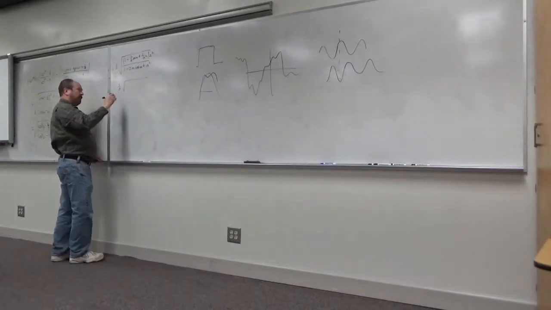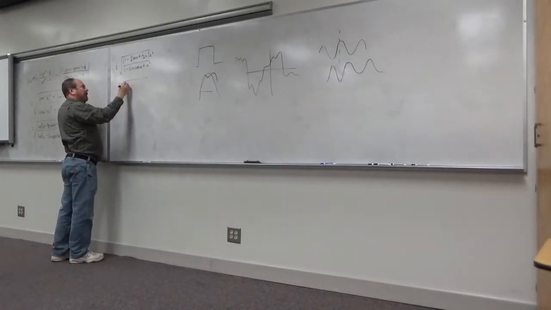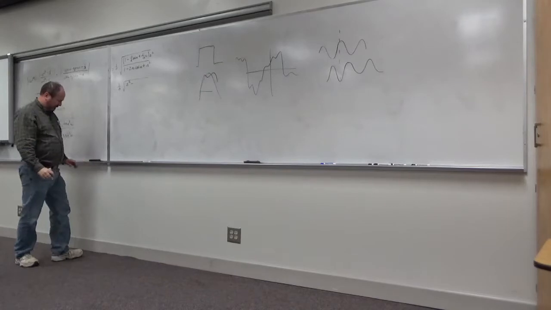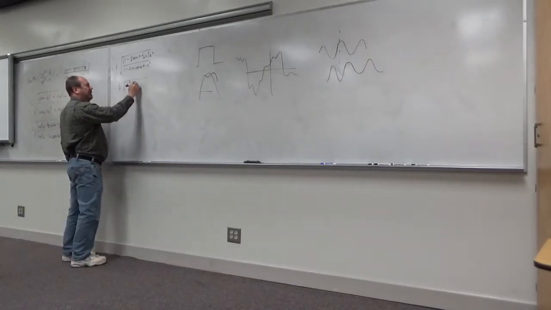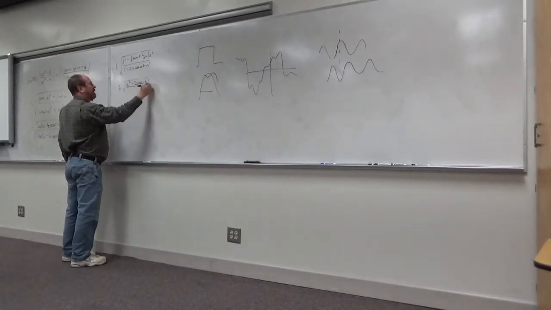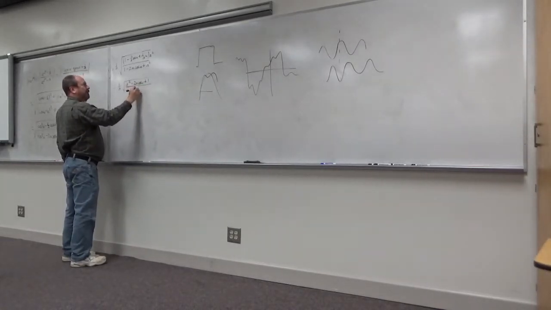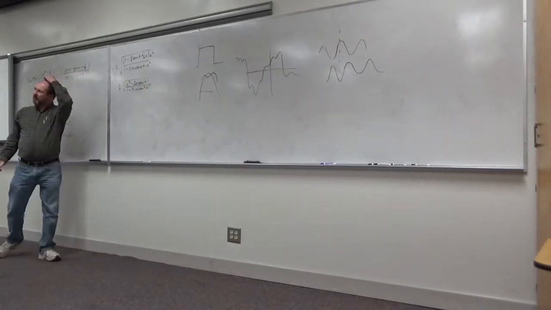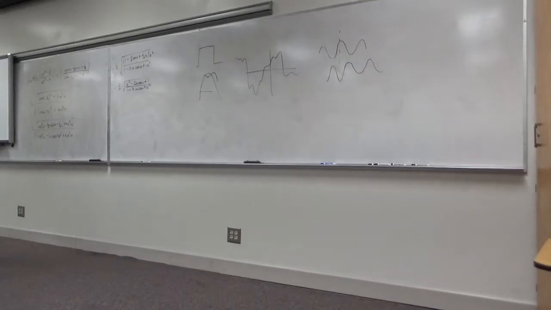Tell me what the numerator is. I'll get you started. a squared, 2a cosine. Last term? 1. Denominator, 1 minus 2a cosine omega plus a squared. Okay, how do you like that? Do you like that? Why? What is it?